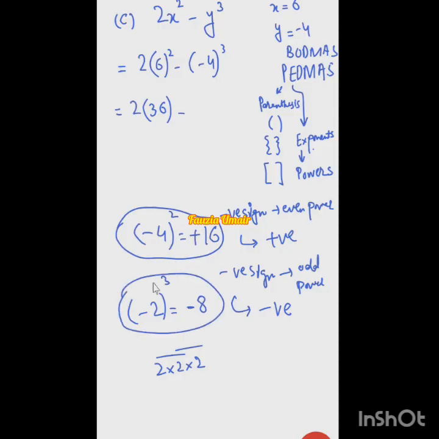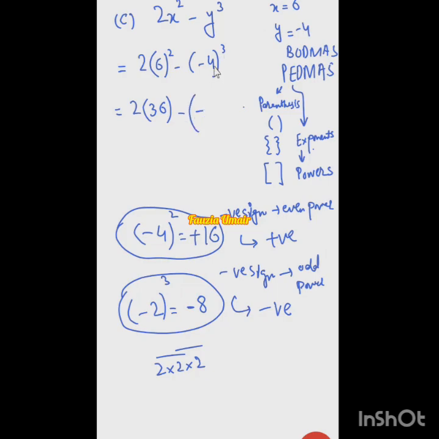This is a very useful thing. If there is a negative sign and the power is even, then the answer is always positive, right? If there is a negative sign and the power is odd, then the answer will always be negative, right? So now keeping this in mind, this is a negative sign with odd power. Answer would be minus.